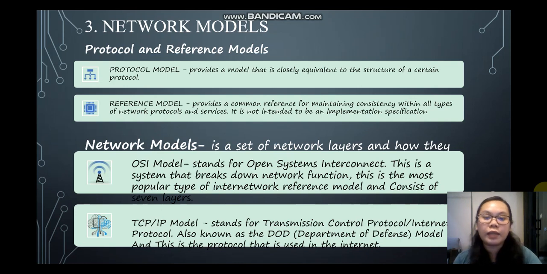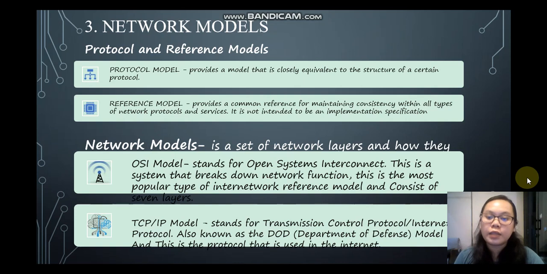It is not intended to be an implementation specification. A network model is a set of network layers and how they interact. OSI model stands for Open Systems Interconnect.